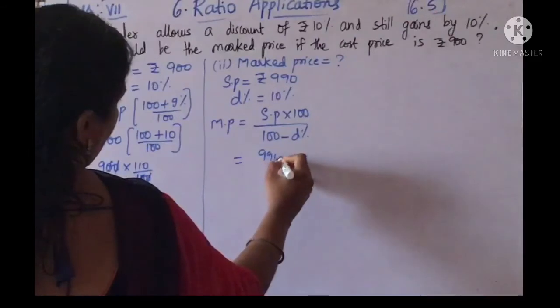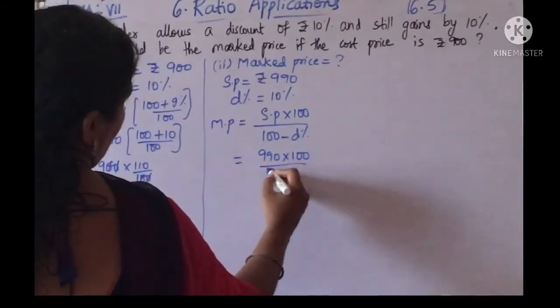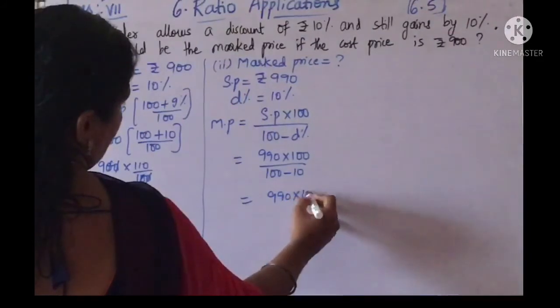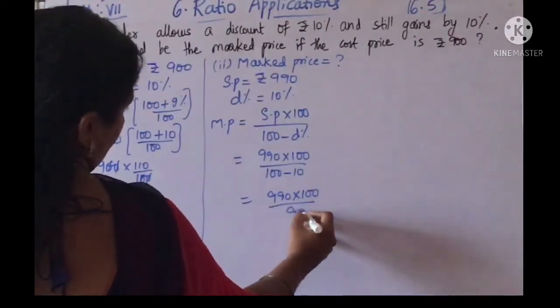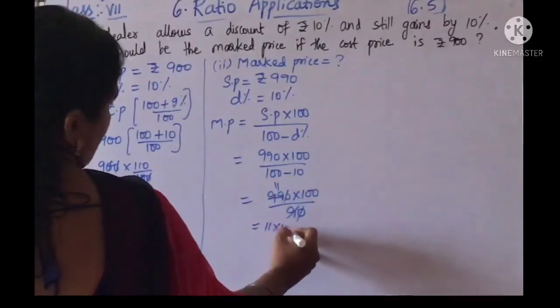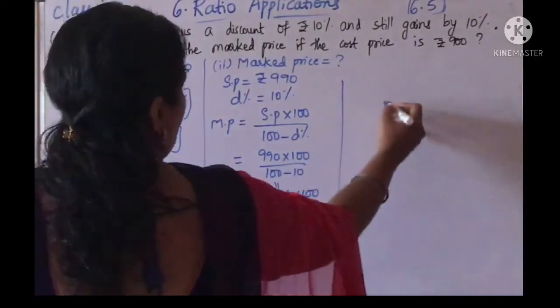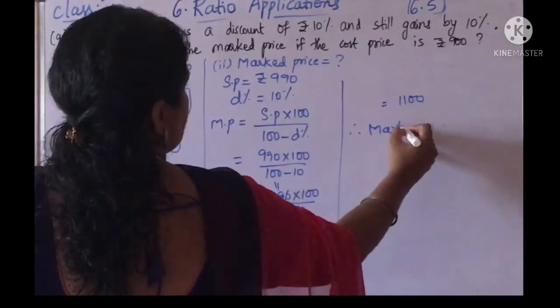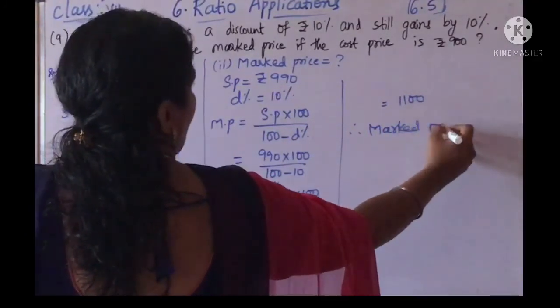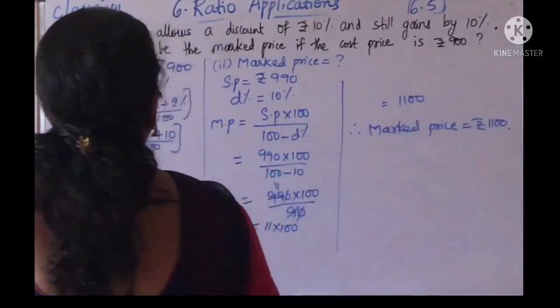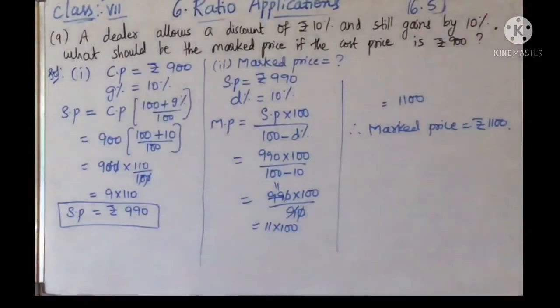So 990 into 100 by 100 minus 10, that is 990 into 100 by 90. So 0 0 gets cancelled, 11 sir. So 11 into 100, that gives you 1100. Therefore, what is the market price here? Rupees 1100. So finally we completed this exercise 6.5.